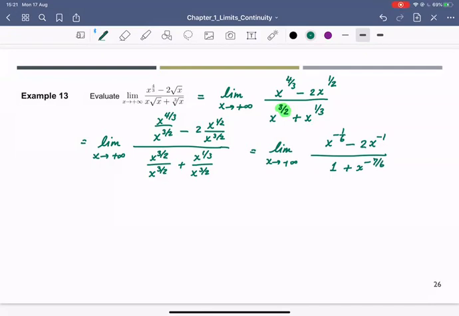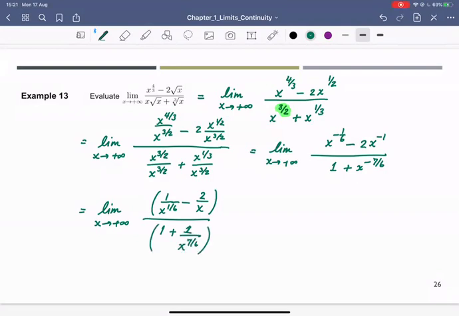Okay, good. And then after that, I have the limit as x goes to infinity. You can see that I slow down because I'm not good at algebra. If I make a mistake, you can stop me. So 1 over x to the 1/6, minus 2/x, and then 1 plus 1 over x to the 7/6.